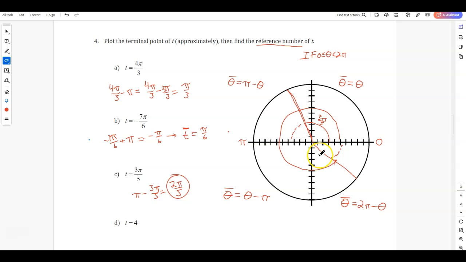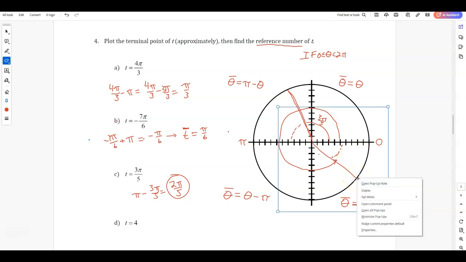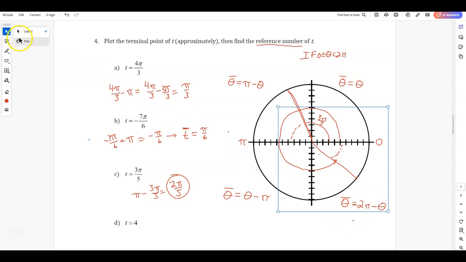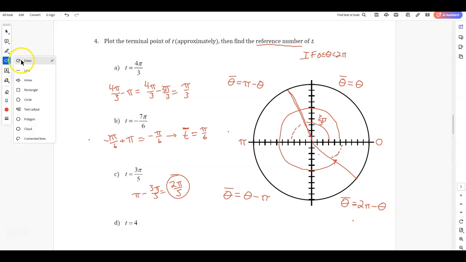Now how this is going to come up in the next video is basically when I get around to a certain location, say right here on this point, any angle that ends on that point will have the same x and y value, which means they'll have the same sines and cosines. That is what's going to be most useful for me.